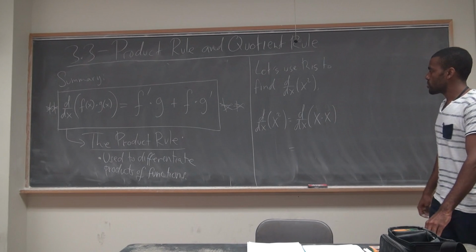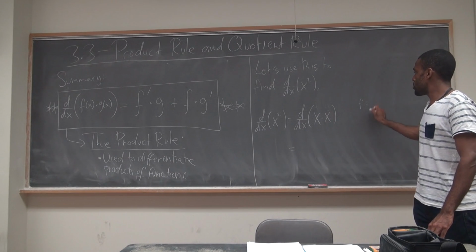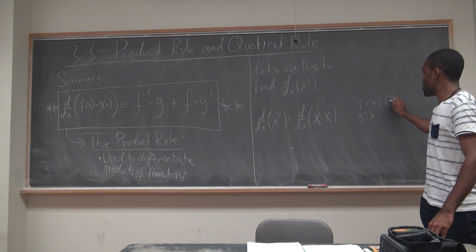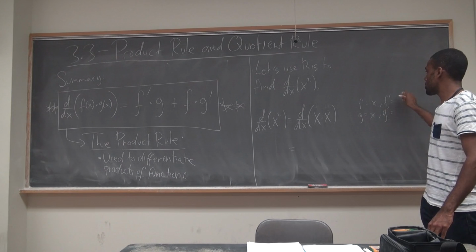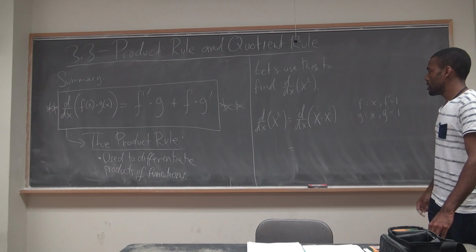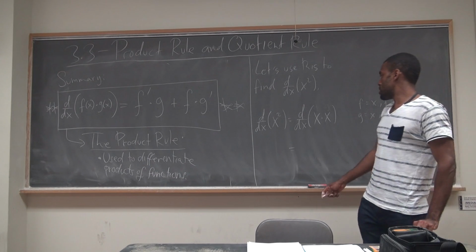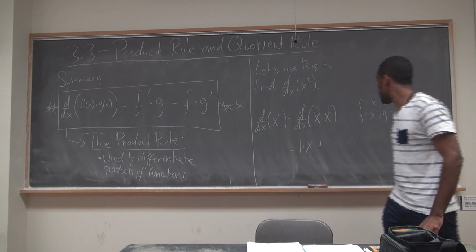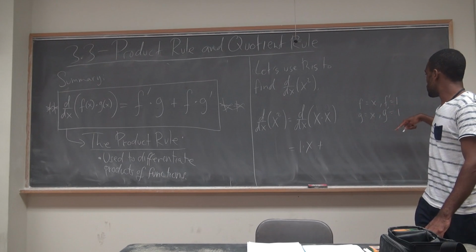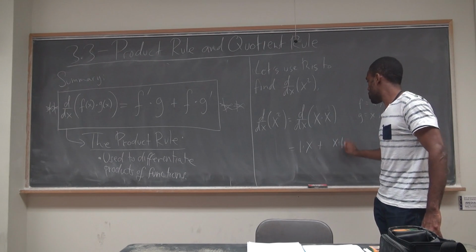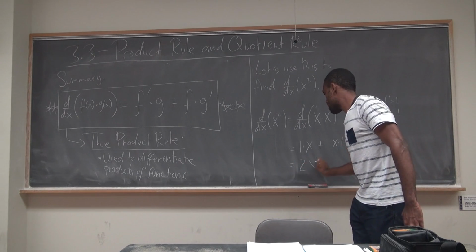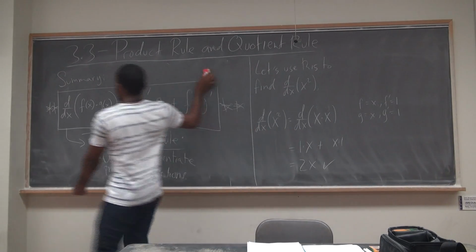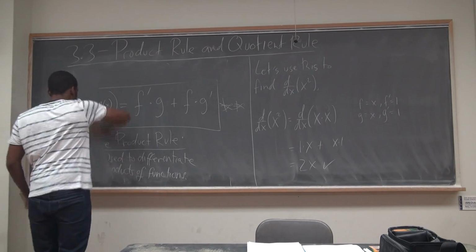Then my f would be x, my g would be x, my f prime would be 1 and my g prime would be 1. So according to this rule, I have to have f prime times g, so that's 1 times x, plus f times g prime, which is x times 1. That ends up being 2x. So it seems to work out. It turns out it will always work out.